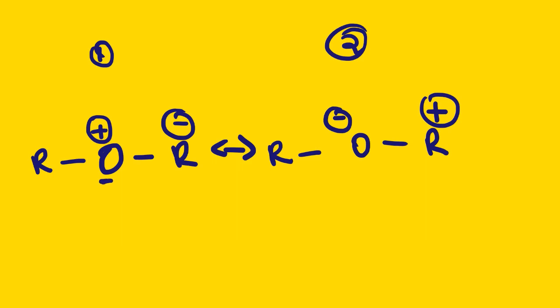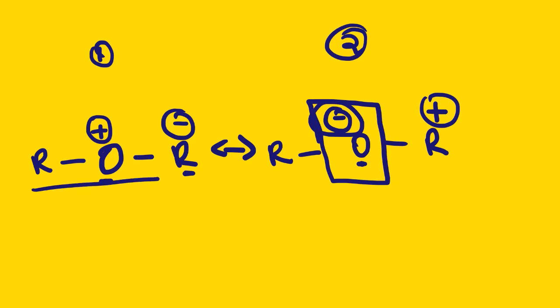Oxygen is more electronegative, so it would like to claim the negative charge. So looking at this compared to a typical element R, which is less electronegative compared to oxygen, you can see that the major contributor in this case will be structure number 2, because the more electronegative element claims the negative charge compared to this one.